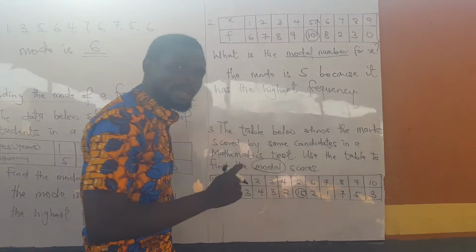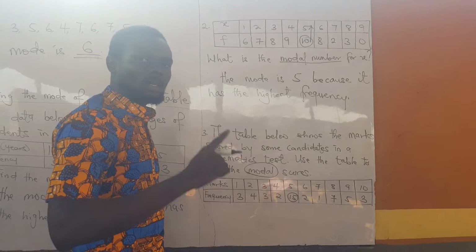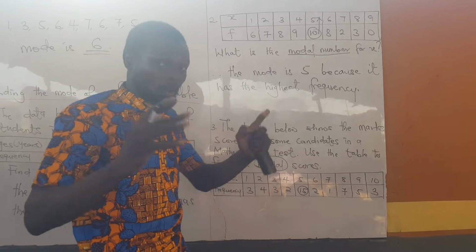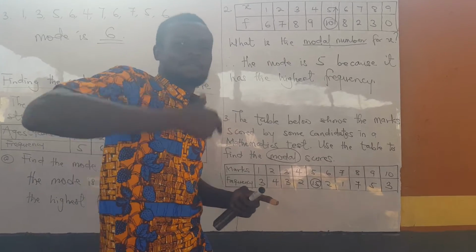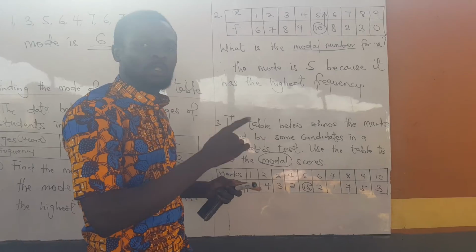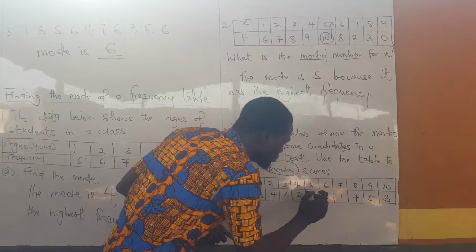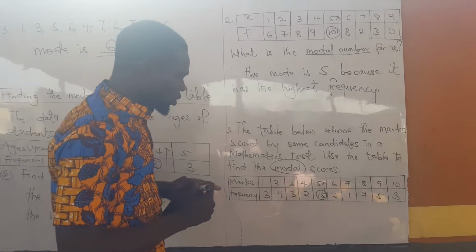Now the 15 being the highest will not be our mode. Why? Because the 15 here is the frequency. So we are going to link this 15 to its corresponding value, which is 5.